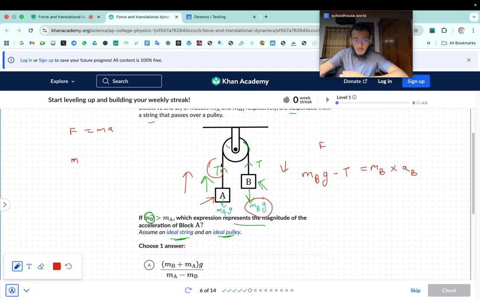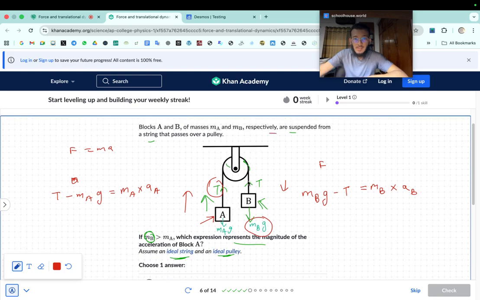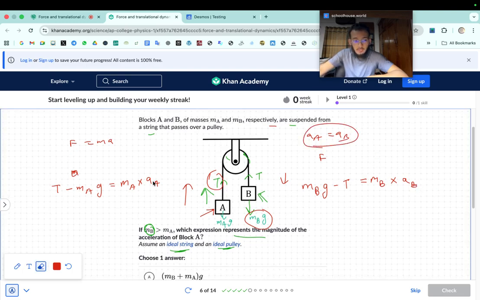This must be greater in order to pull this up. So we write T minus mA g equals mass mA times acceleration aA. Now, because they're connected within the same system, the acceleration of A would equal the acceleration of B. That's why we could just replace it with a single variable, so we'll use just a here.